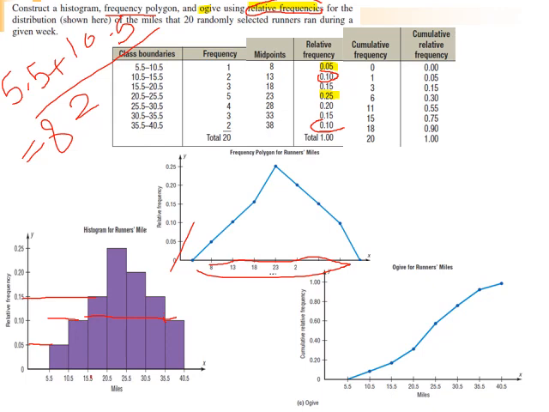But don't forget to add the zero frequencies: we add the class width to the final midpoint and subtract the class width or class interval from the first midpoint. Then draw a line from the first dot to the horizontal axis, and draw a line from the last value to the horizontal axis.